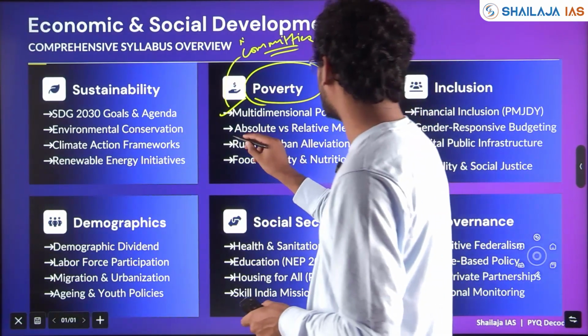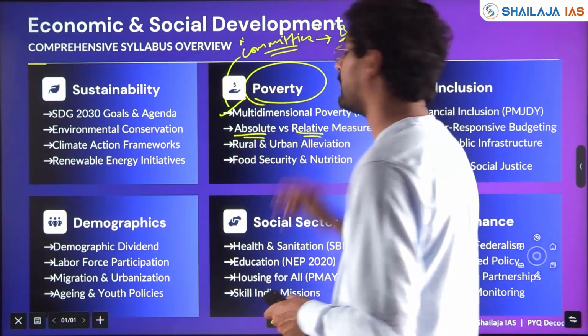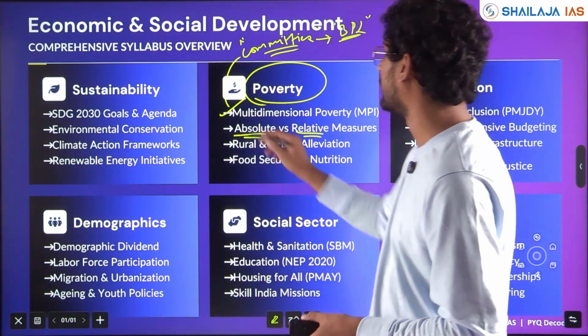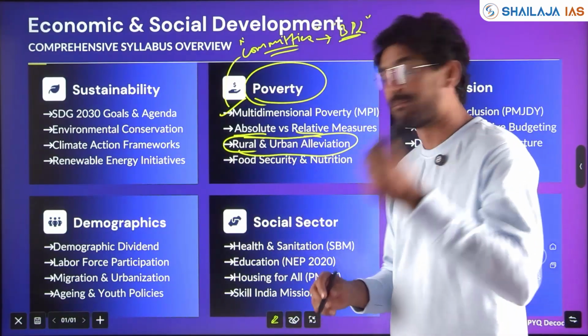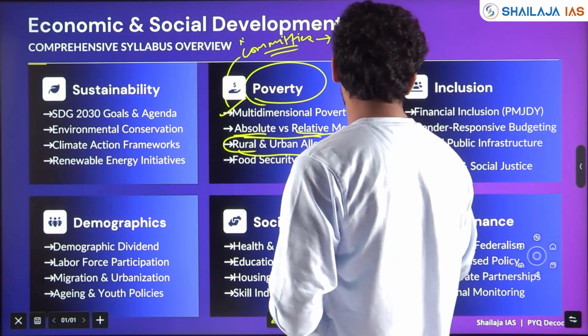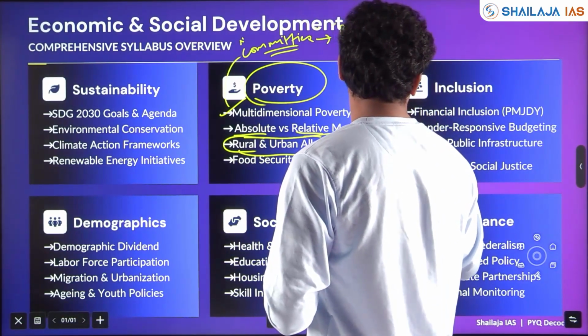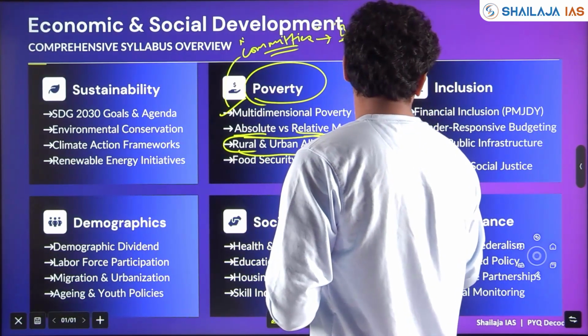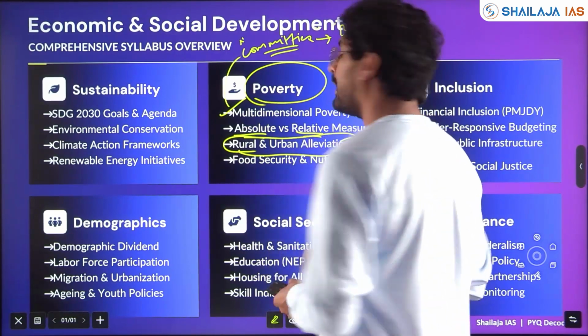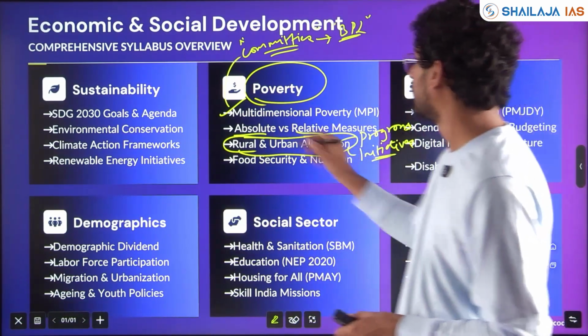And the concepts of poverty: what is absolute poverty, what is relative poverty, how do you measure poverty. Then rural and urban alleviation and the programs linked to it, the initiatives, schemes to alleviate poverty, all these are here.